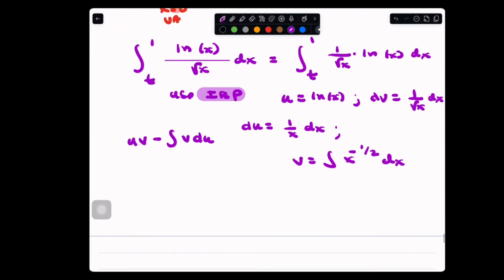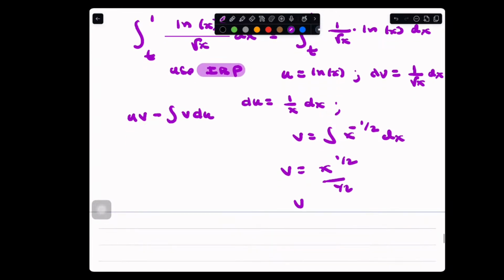Okay? Which is x to the 1/2 over 1/2, or this is really 2 square root of x.